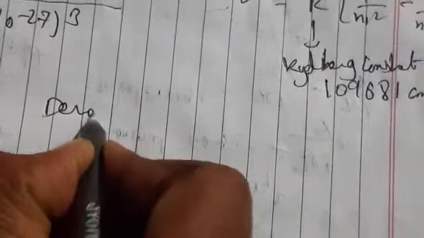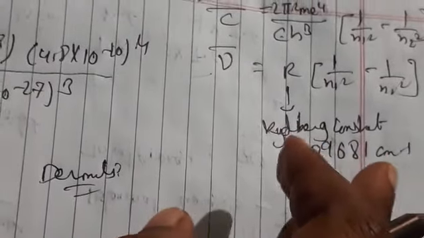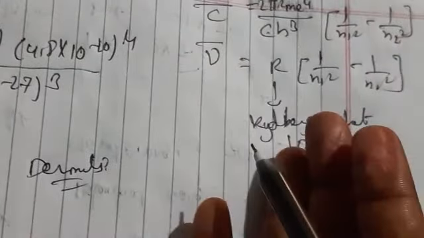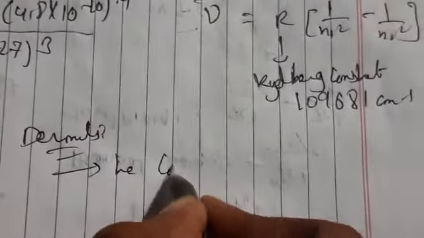So what are the demerits of Bohr's atom? Bohr's model can explain the spectrum of one-electron species like hydrogen, helium and lithium ions. He could not explain what?